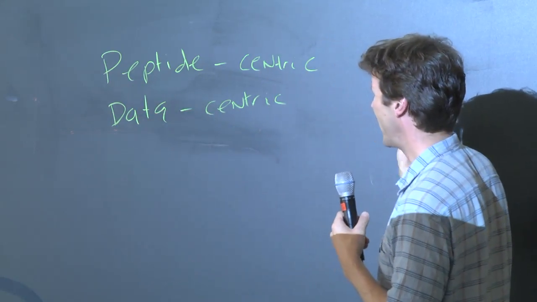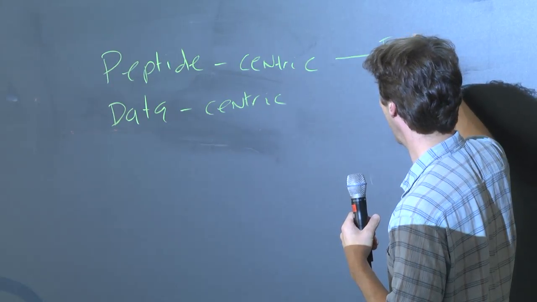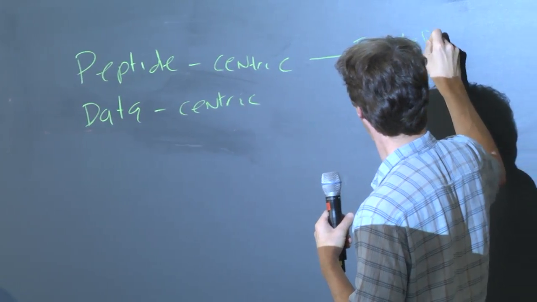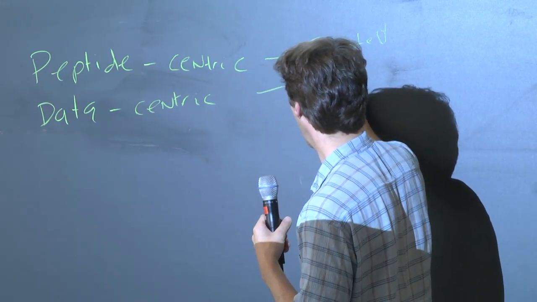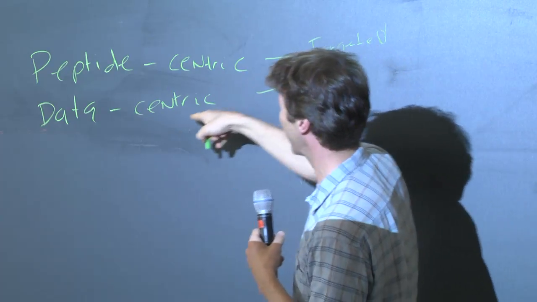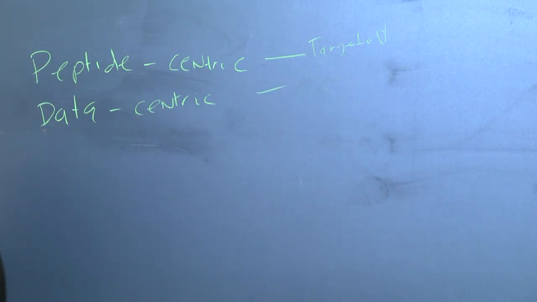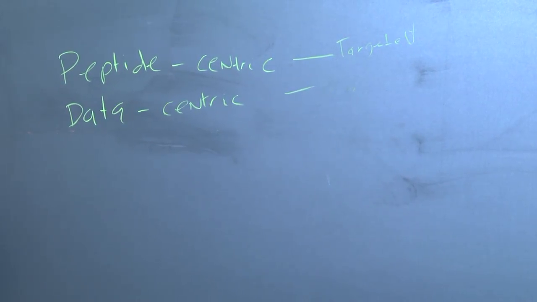And so traditionally, we think of this as being targeted, and this as being discovery. Although, well, I wouldn't even say discovery, but this is targeted and this is not targeted.